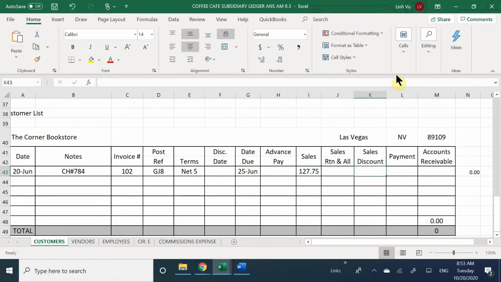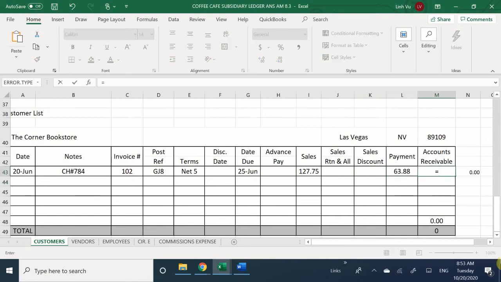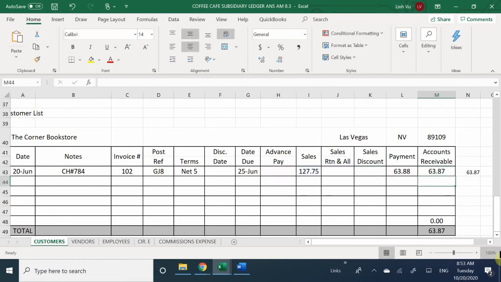And obviously no sales returns and allowances or sales discounts. But was there a payment? Yeah, for 63.88. Accounts receivable is your sales minus any advance payments, minus any returns and allowances, minus any discounts, minus any payments. So that means this person owes us $63.87 as an accounts receivable. And we know for a fact that is true.